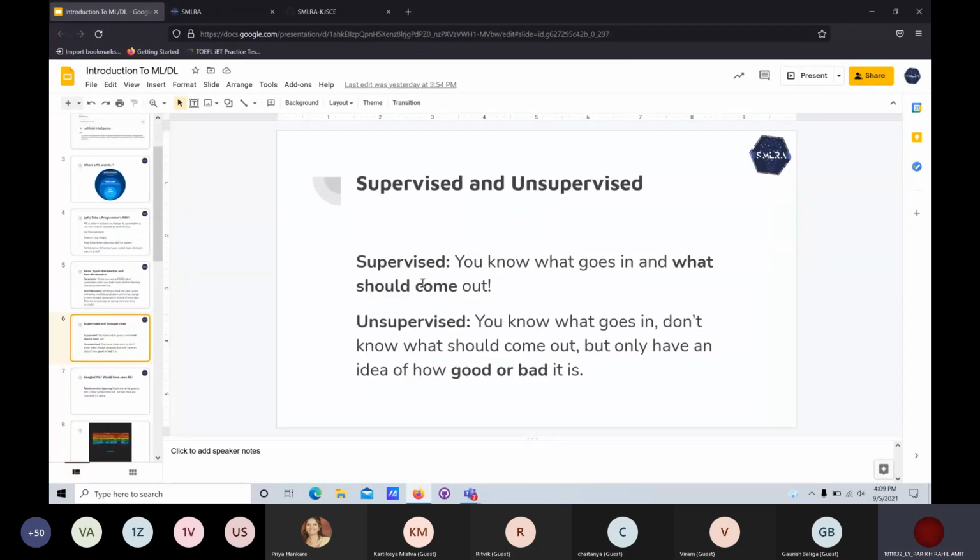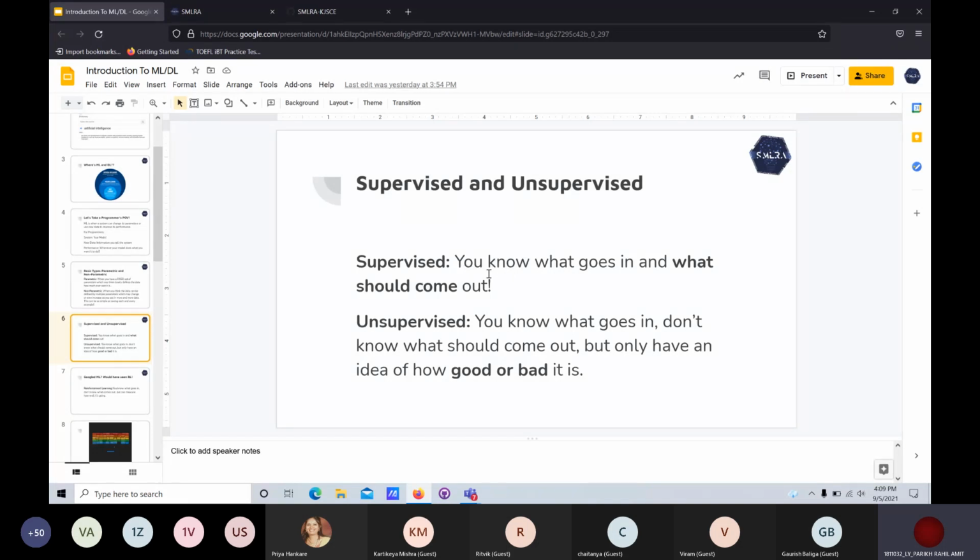Then there come two kinds of classification: supervised and unsupervised. These are two different techniques of creating a model and training it so that the system works as expected. In supervised learning, we know what would come out.